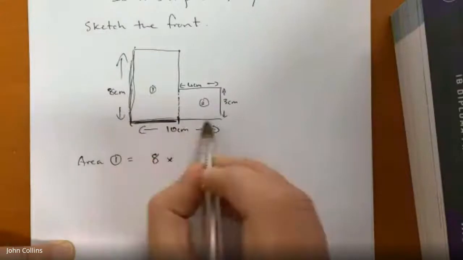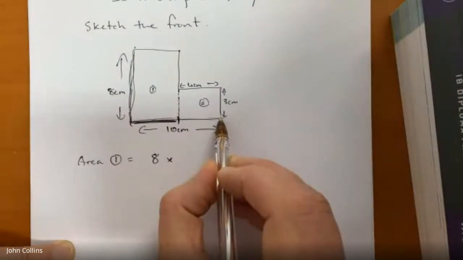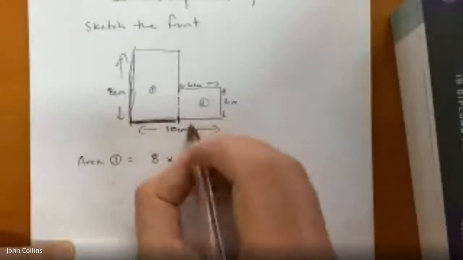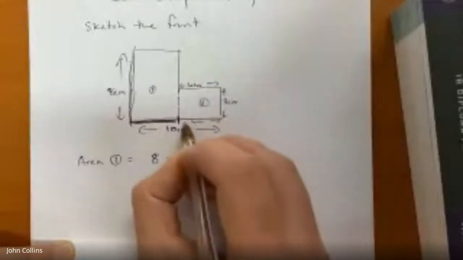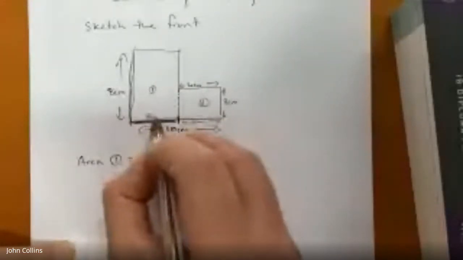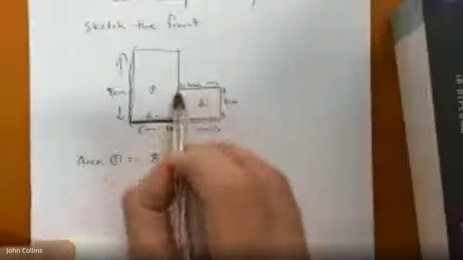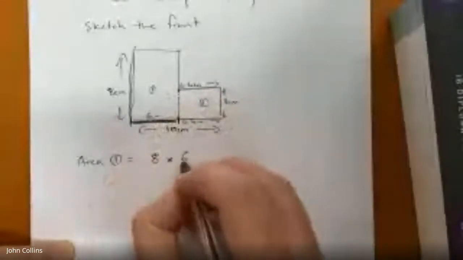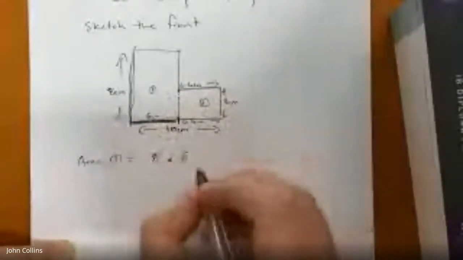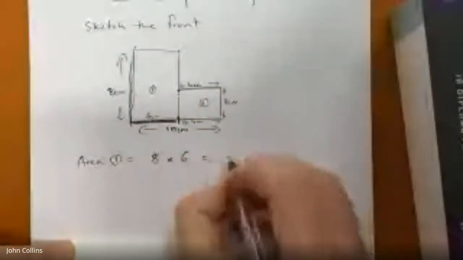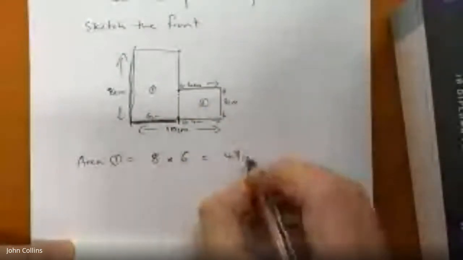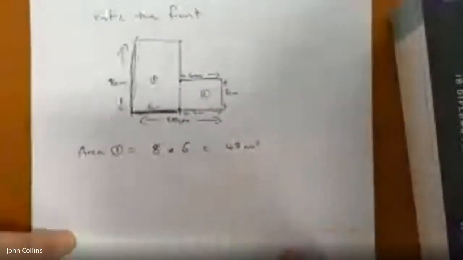Because that's 10 centimeters in total, and 4 of it's gone. 4 is gone because it's written 4 up here, so 6 is left. So area 1 is 8 times 6. 8 times 6 is 48. And that's an area, so centimeters squared.